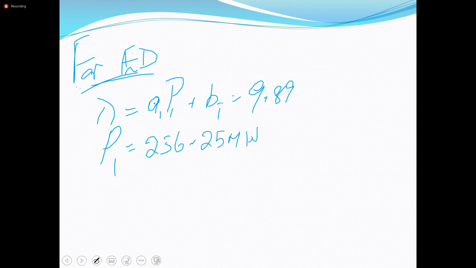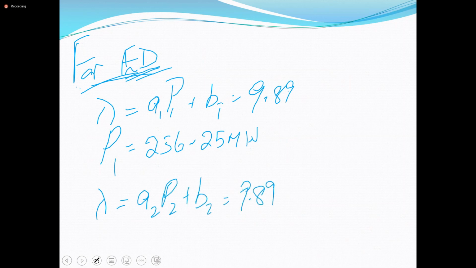megawatts. And again, remember, this is economic dispatch, and economic dispatch says that the units must be operating with the same lambda. Okay? So lambda is also equal to A2 P2 plus B2, and that is $9.89. You rearrange, and you'll get P2 to be equal to 363.54 megawatts.